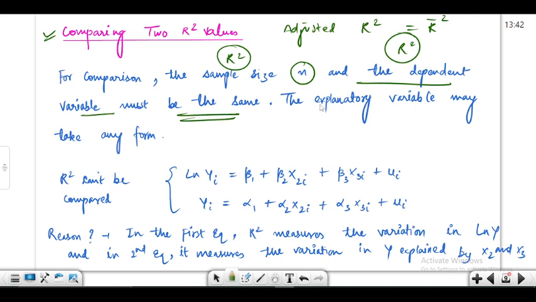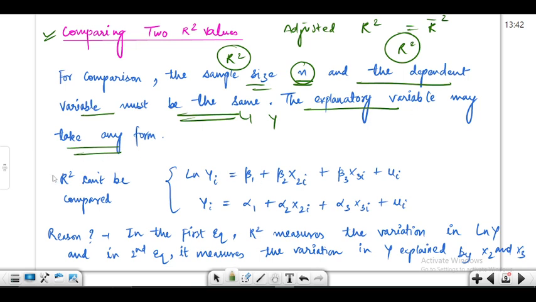Okay, so the explanatory variable may take any form. So your n, or the sample size, and the dependent variable, that is your y variable, should be the same, and your x variable can take any form, be it simple regression form or the multiple regression form. If that is the case, then you can compare two R squares.